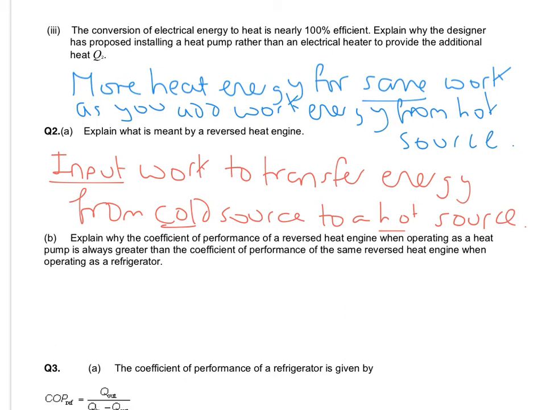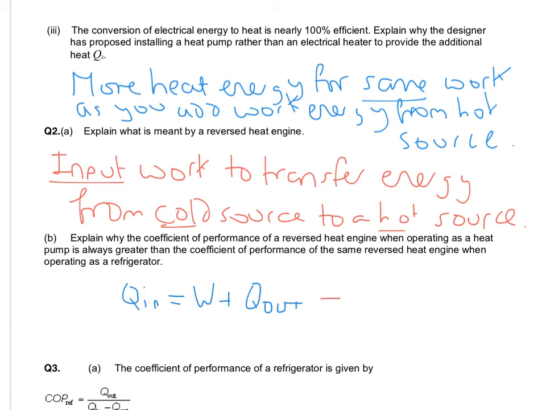So then explain why the coefficient of performance of a reversed heat engine when operating as a heat pump is always greater than the coefficient of performance of the same reversed heat engine when operating as a refrigerator. So first thing, when we're dealing with this, your Q in is going to be your work done plus your Q out, if we have this expression. So if we think for a heat pump, it's the Q in that's important, and for the refrigerator, it's the Q out that's important.